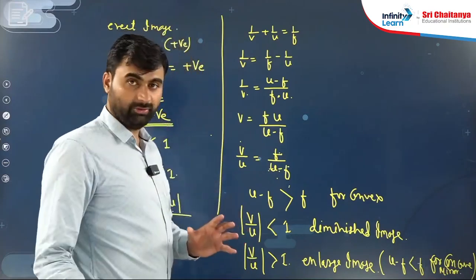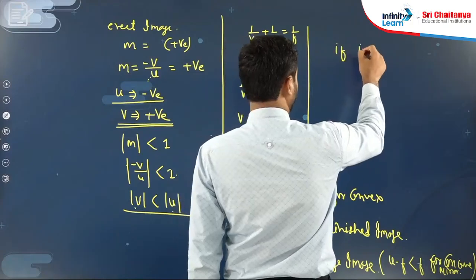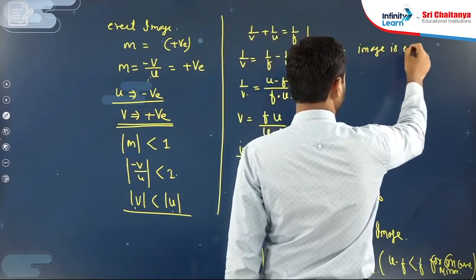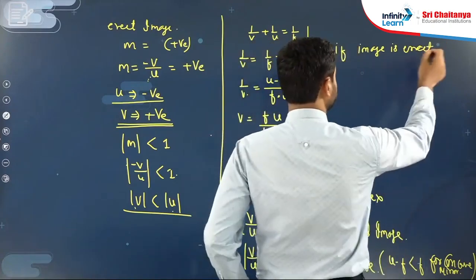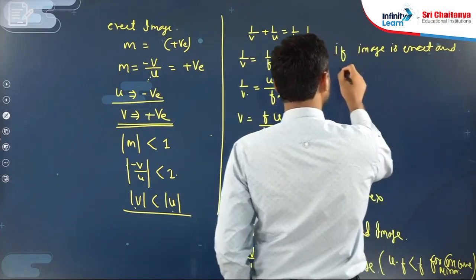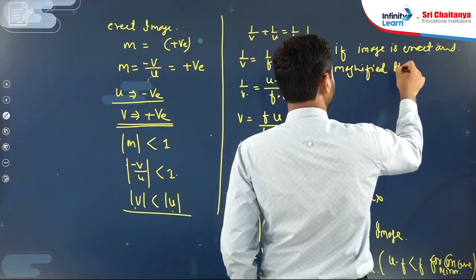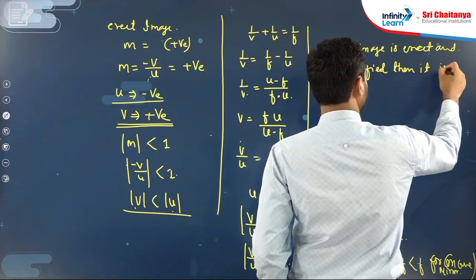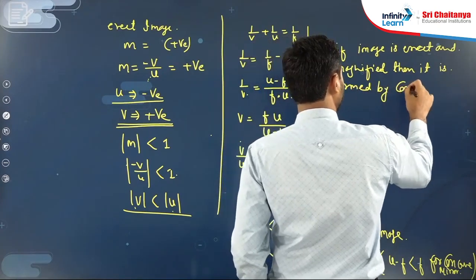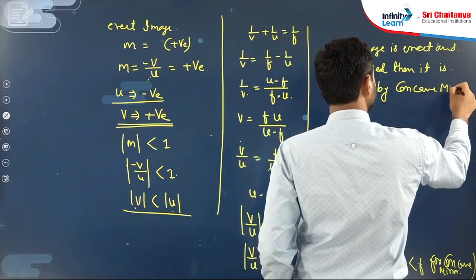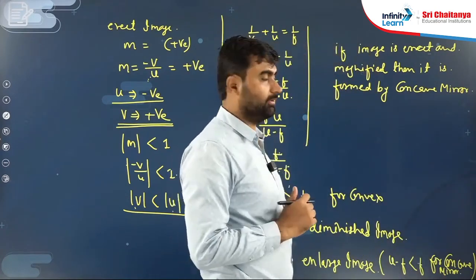So finally what you have to remember is that if the image is erect and magnified, then it is formed by a concave mirror. Okay, this is the golden point, the key point that you have to remember.